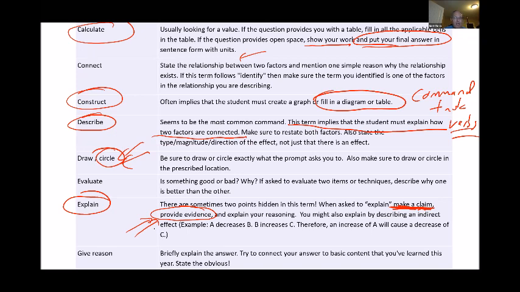So if they give you a chart or they give you a graph, you need to refer to that chart, to that graph, and then explain why you think what you're thinking. So make the claim, talk about the specific evidence that's provided in the prompt to you, and then explain why you think your claim is correct. That's important.